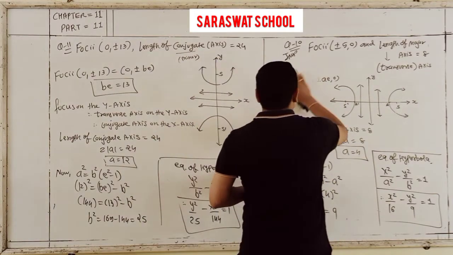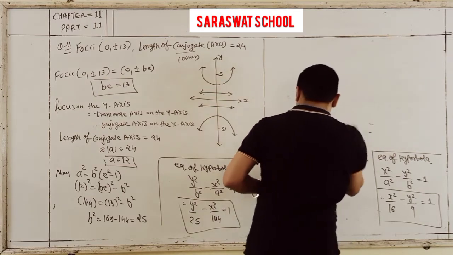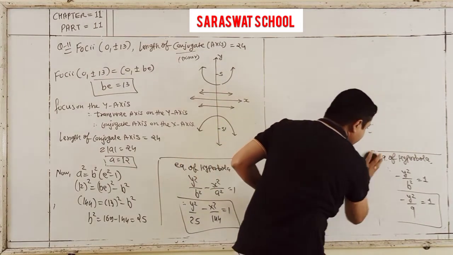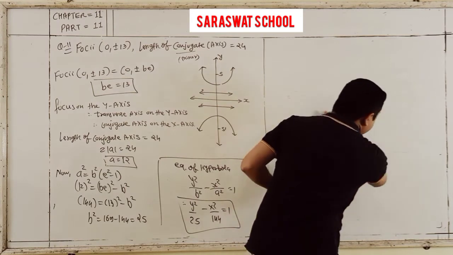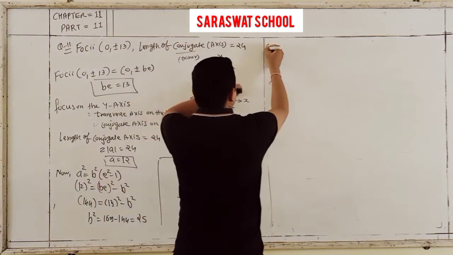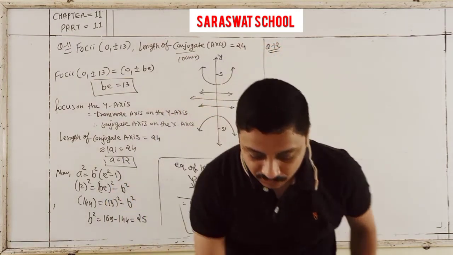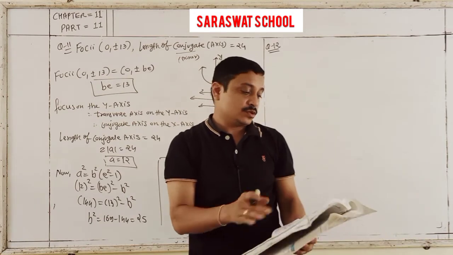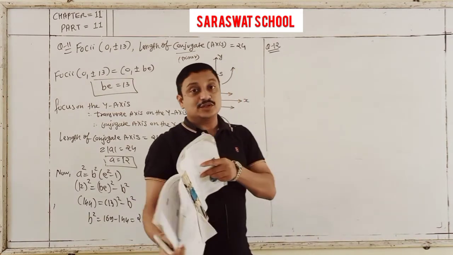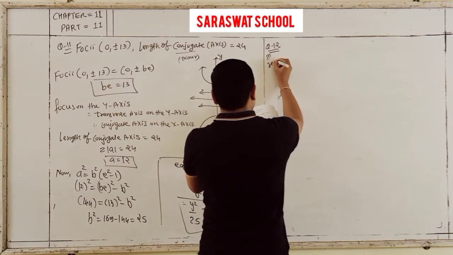Now the 12th one. Yes, students, it is asking about the transverse axis, that is your major axis, and the conjugate axis means minor. Now the 12th is also done the same way with the formula. Yes, this is also an important, exam-oriented question, most important.